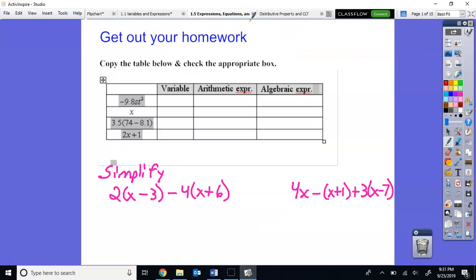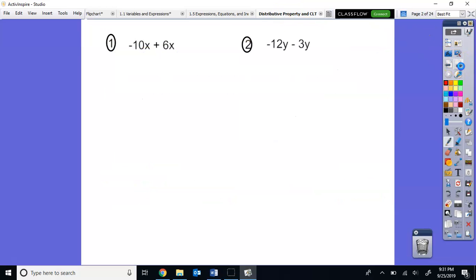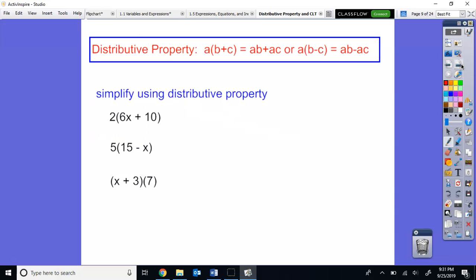All right. The only other major thing that we did in this chapter was the distributive property before we collected like terms. So when we had something like this, we said 2 times 6x is 12x, 2 times 10 is 20. Please make sure you realize the distributive property, again, is multiplying.